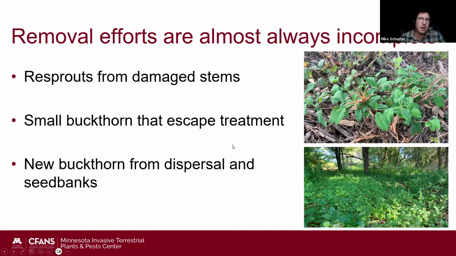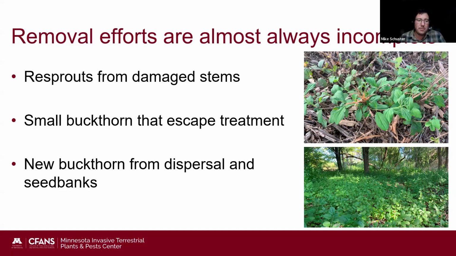We also have to deal with small buckthorn that escape treatment. A lot of times we're writing management plans to treat buckthorn that are only 3 feet or taller. Well, that leaves all those little stems laying in wait to reestablish the population. And so those small buckthorn that escape treatment, either by design or, we are human, we miss things, are things that we do have to deal with eventually.